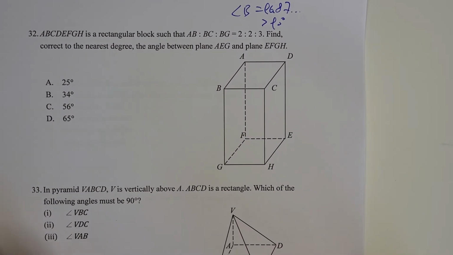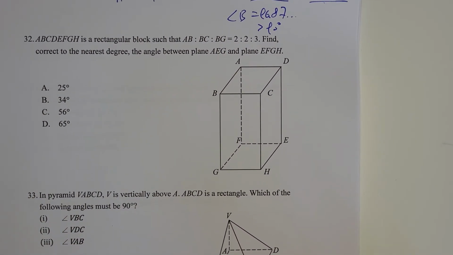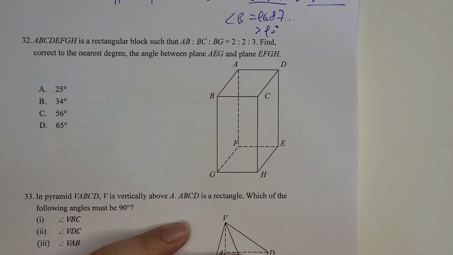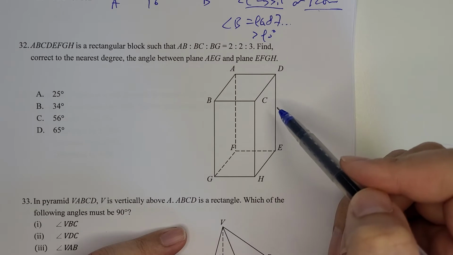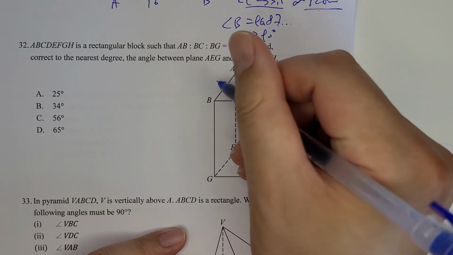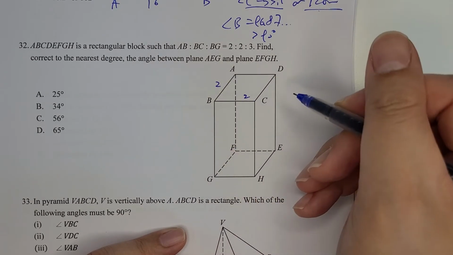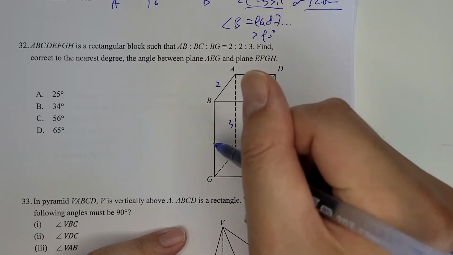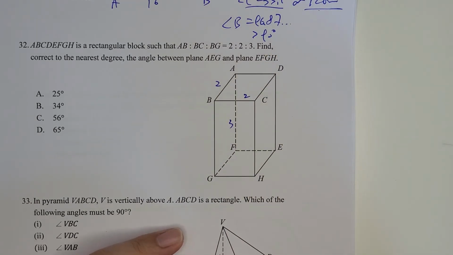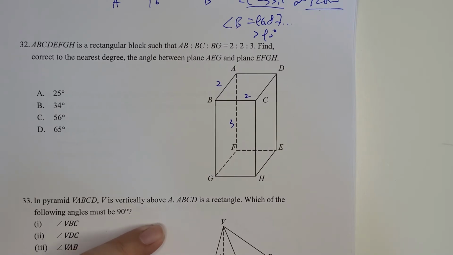Question number 32. ABCDEFGH is a rectangular block such that AB, BC, and BG are in ratio 2 to 2 to 3. Find the angle between the plane AEG and the plane EFGH.